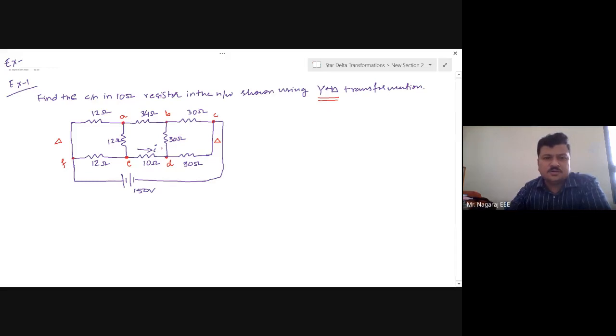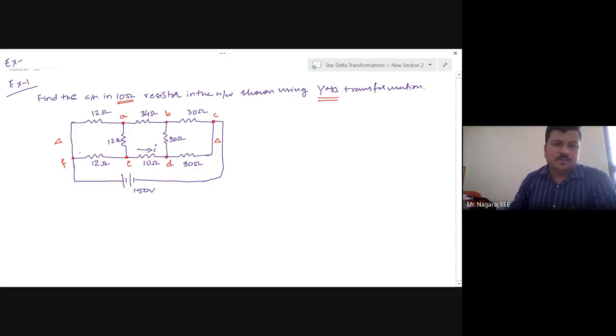I will reduce it into star. I will not touch the middle loop because it has the load resistance of 10 ohm, across which I have to find the current. If I touch the middle loop, my 10 ohm will get consumed and I don't get it back. So this ED branch should be intact till the end of the solution.